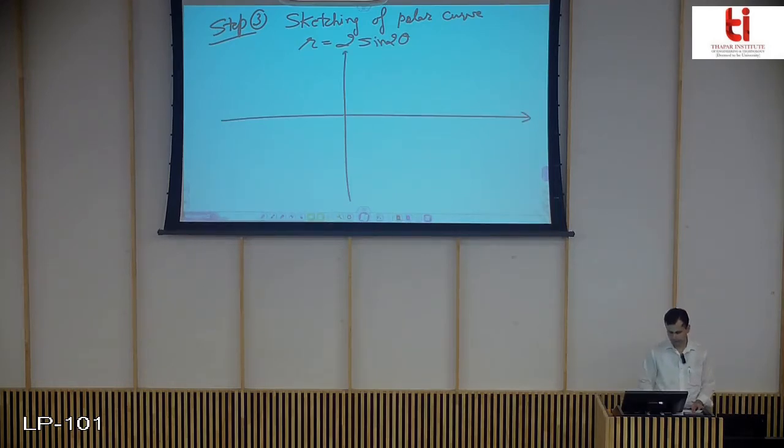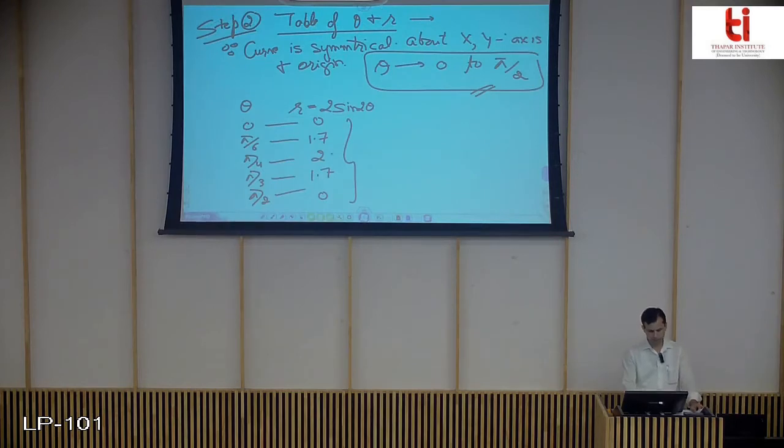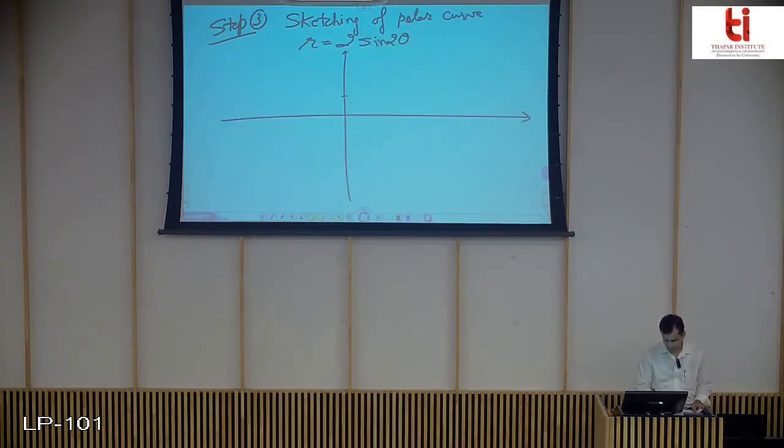Since the maximum value of r here is 2, just to have some scaling so that we can draw the points on some scale and get some shape of the curve, I am here having a circle of unit radius.